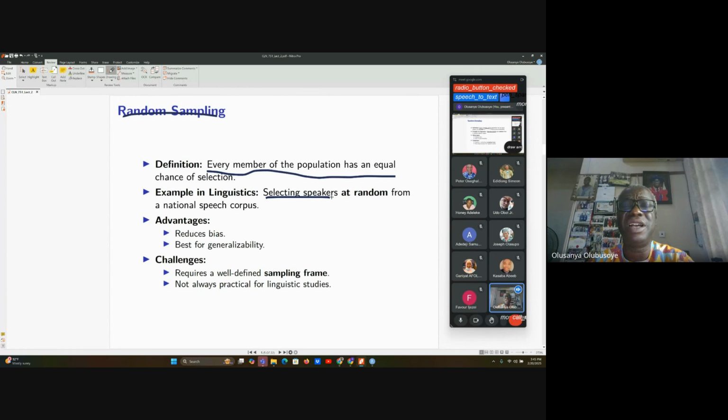But you've seen that we could apply this random sampling technique when we are selecting speakers at random from a national speech corpus.